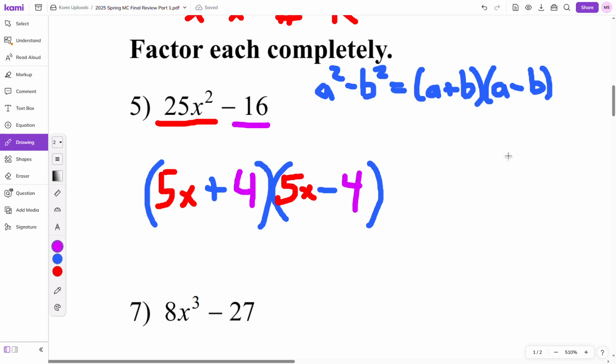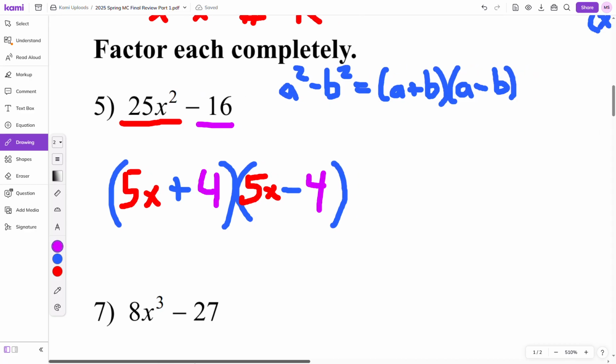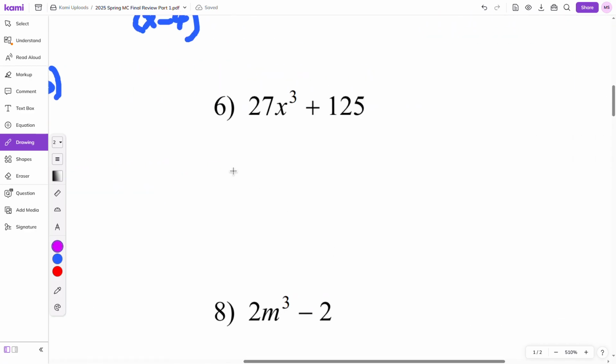And that's all it is. No thinking, no math really, just the square root taking, and that's it. So there you go. Number 6.